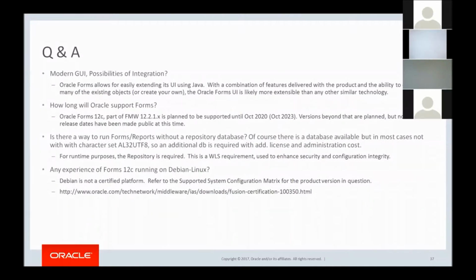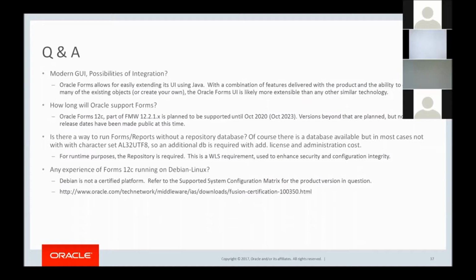I was asked about modern GUI and integration possibilities, and I didn't really know how to answer this in a way which could make a whole lot of sense without spending a whole lot of time on it. But basically, the Forms UI is completely extensible through Java. So if you're not happy with the way Forms looks at runtime, you have nearly complete control over how it looks.